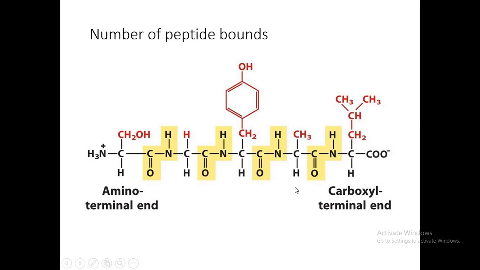So you have to understand that if there are 4 peptide bonds, it means it is a pentapeptide. 5 amino acids joined with each other with 4 peptide bonds.